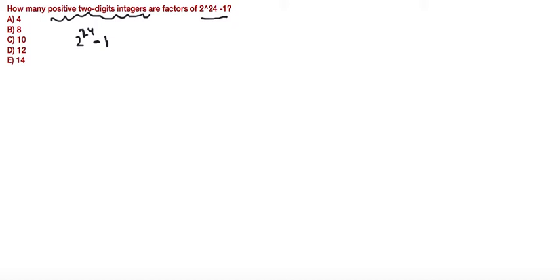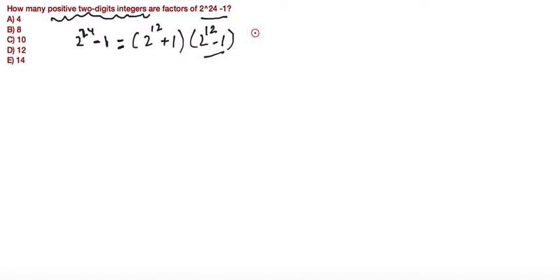So if I break it down as a squared minus b squared into a product of factors, I can write it as a minus b multiplied by a plus b, which is 2 to the power 12 plus 1 multiplied by 2 to the power 12 minus 1. Now this second expression can further be broken down on similar lines, right?